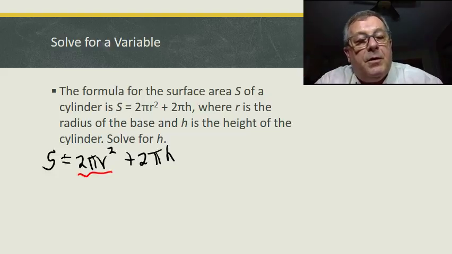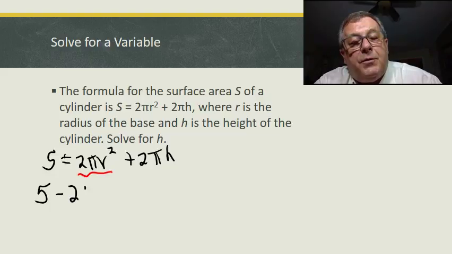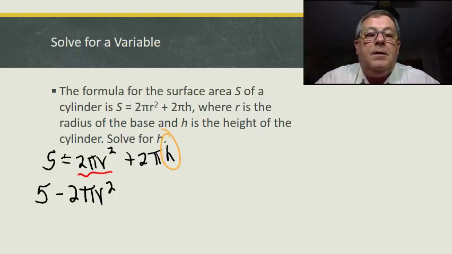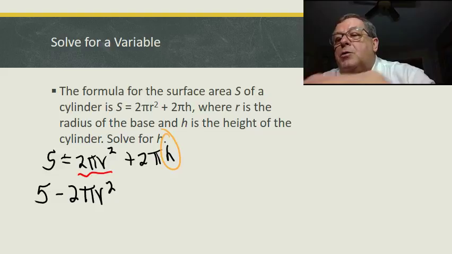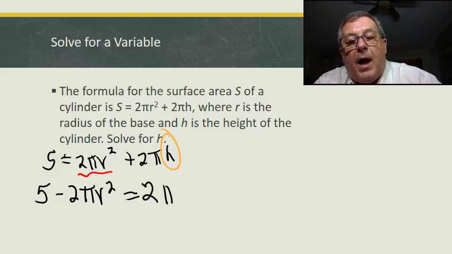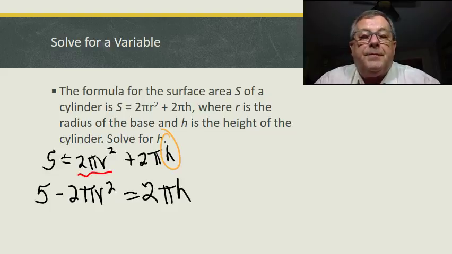Once we do, we end up with S minus 2 pi r squared. Now remember, we're trying to solve for h. So S minus 2 pi r squared equals 2 pi h.